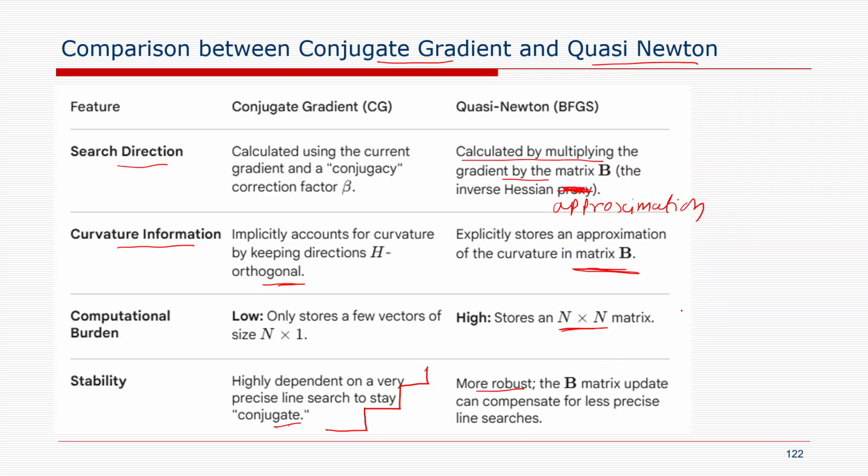There are both advantages and disadvantages. In quasi-Newton, the computational burden is very high, but it is more robust. In conjugate gradient, the computational burden is very low, but finding the conjugacy, that is perpendicularity, in the search direction is highly dependent on the line search algorithm, because it may oscillate sometimes, it may not work.